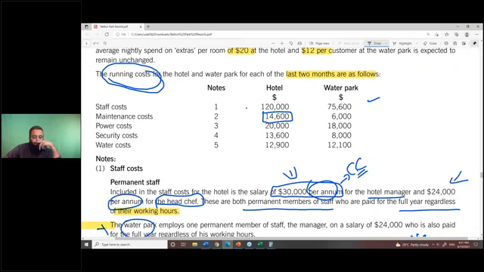Because 14,600 I'm paying right now, and 4 is something that I will continue to pay, which means the difference of these two is what I will consider as an incremental if I continue opening the park. The incremental, the additional. So that's what I need here.